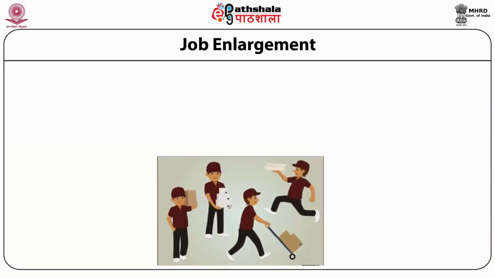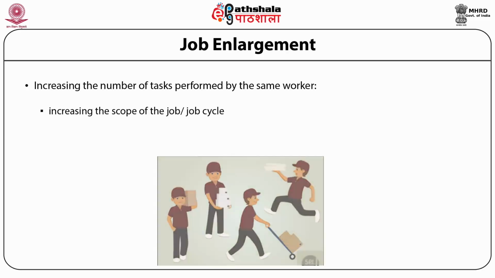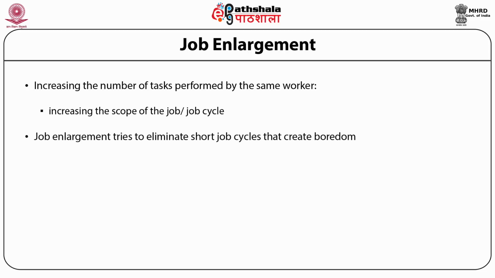The third method is job enlargement. Another means of increasing employee satisfaction with routine jobs is job enlargement, or increasing the number of tasks to be performed, meaning increasing the scope of the job. Job enlargement, like job rotation, tries to eliminate short job cycles that create boredom for the employees.